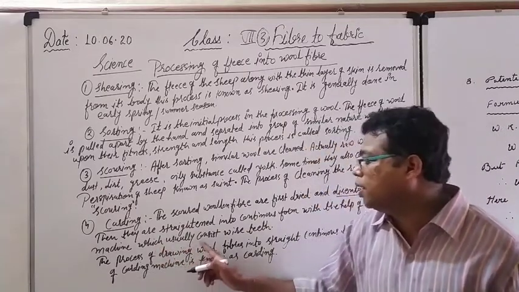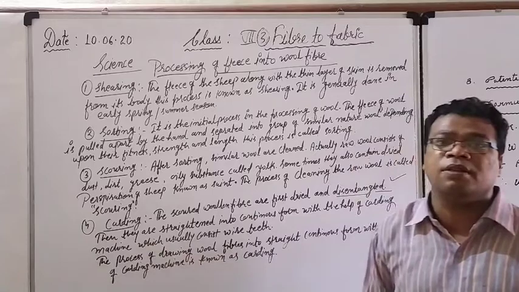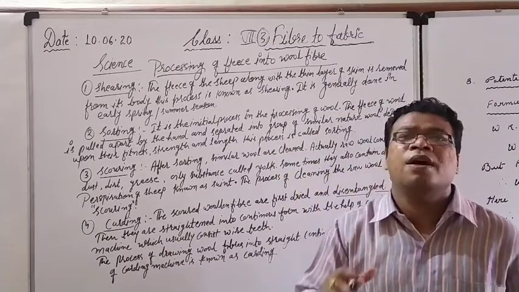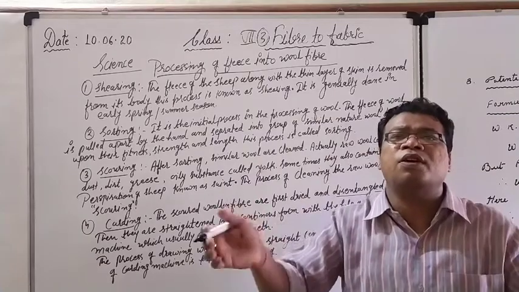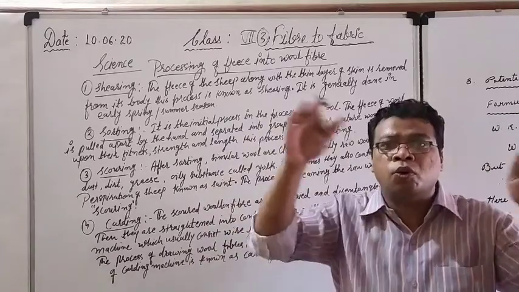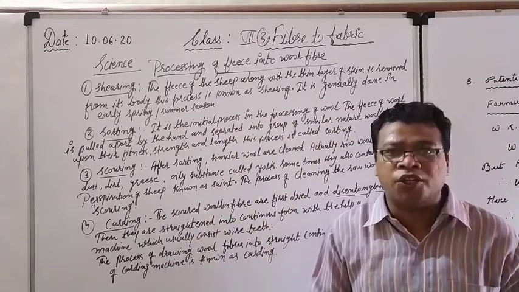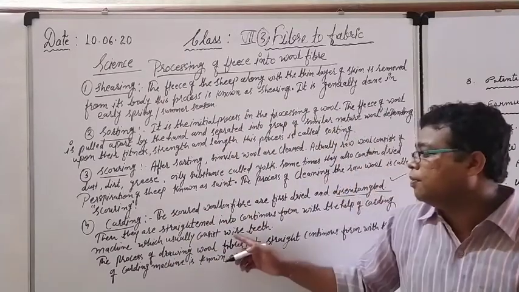And which usually consists of the carding machine. What is the carding machine here? I want to tell you, carding machine is nothing. It consists of two rotating rollers. Two rotating rollers will be there, and they are rotating in the opposite direction, and they contain wire teeth.